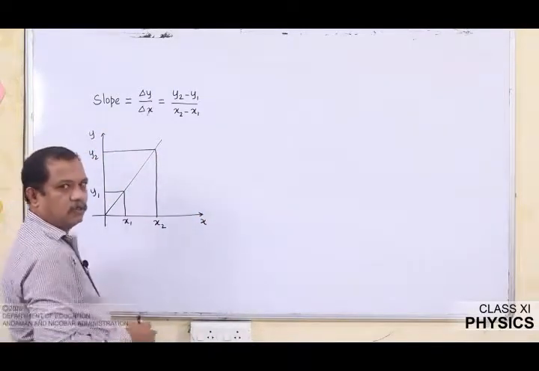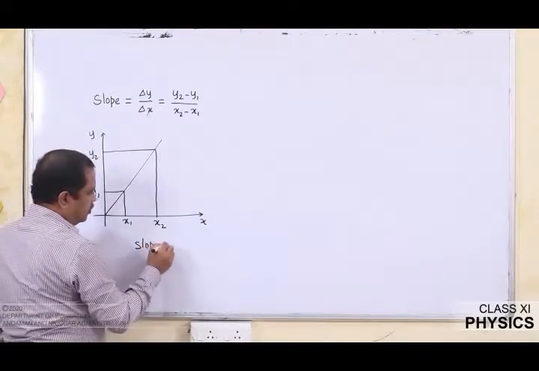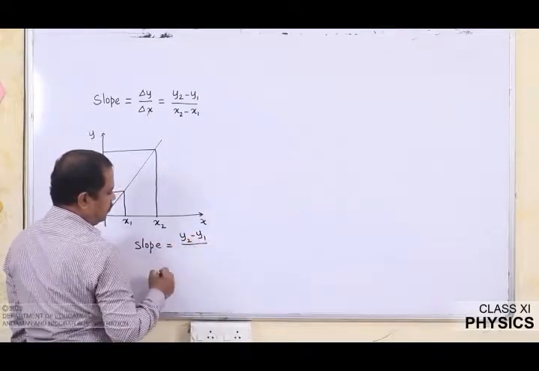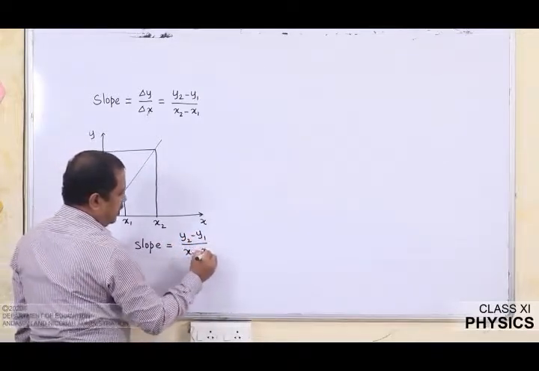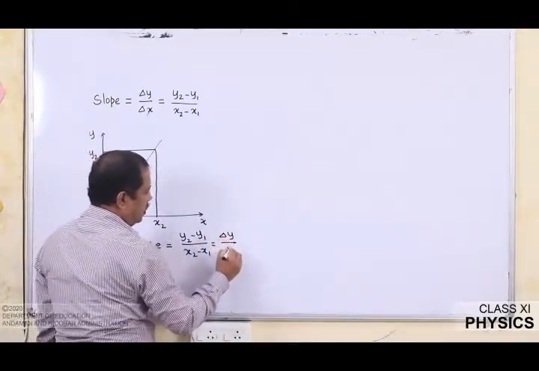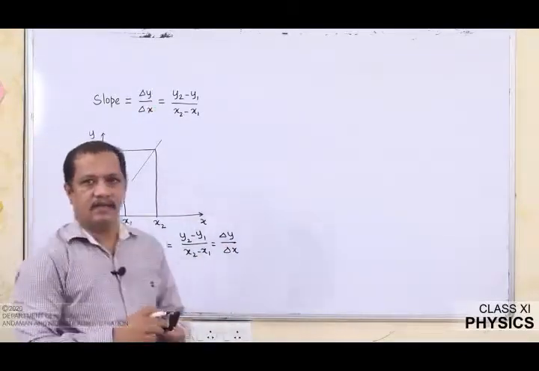And we tried to calculate the slope. We said slope is equal to y2 minus y1 upon x2 minus x1 is equal to delta y upon delta x. This is what I have written from the last class.